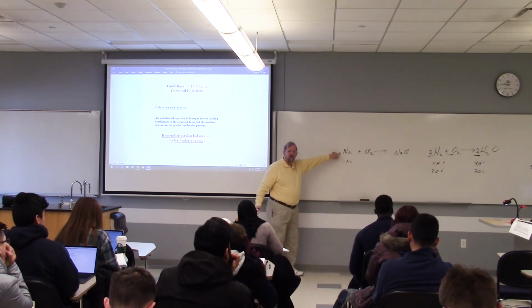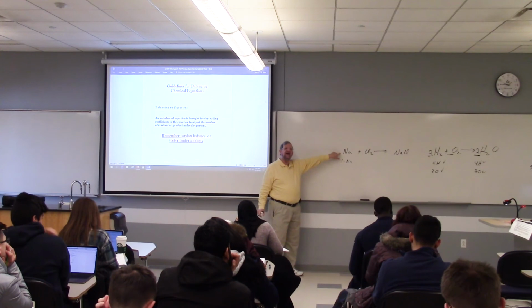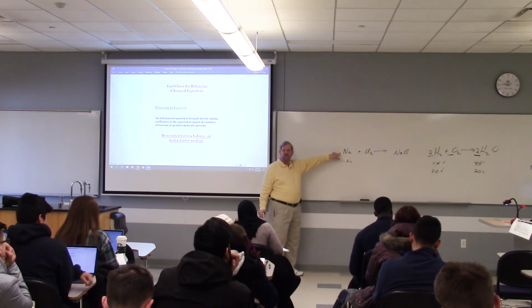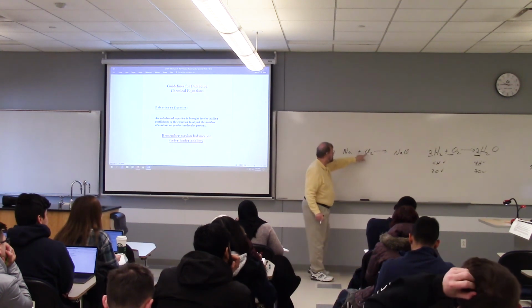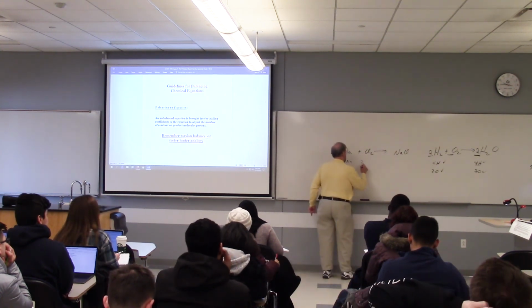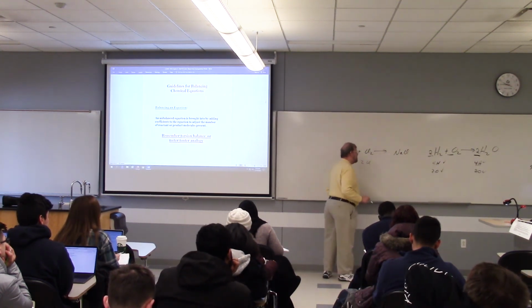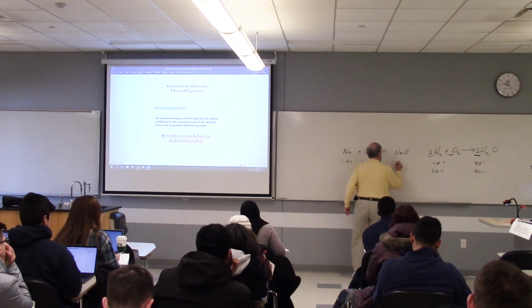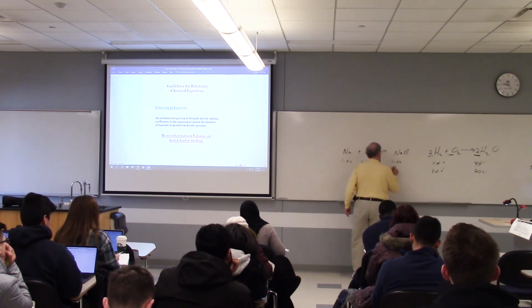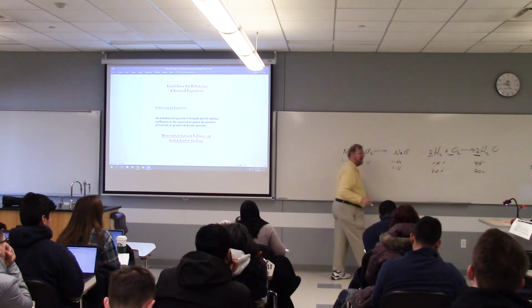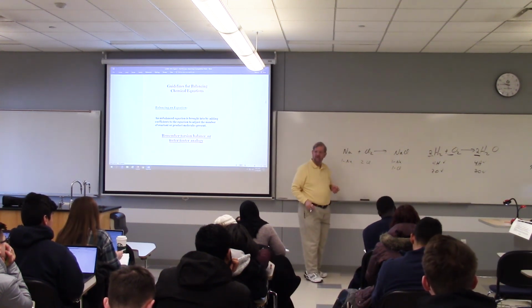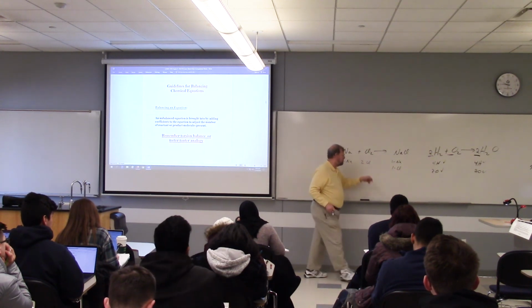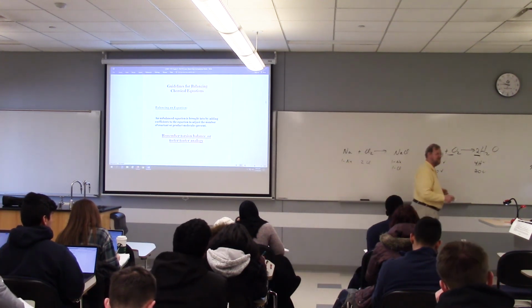When there's no number in front of an element or molecule, the coefficient is 1. Now here, 1 times 2, I have 2 chlorine. Over here, I have 1 sodium and 1 chlorine. Are they balanced? No. Because if I have 1 sodium here, that's cool, 1 over there. If I have 2 chlorine here, I only have 1 chlorine there.